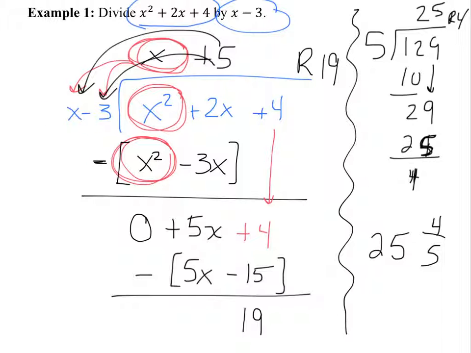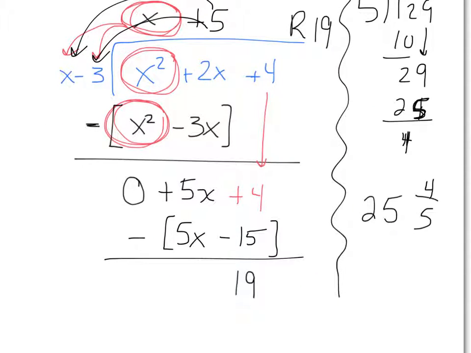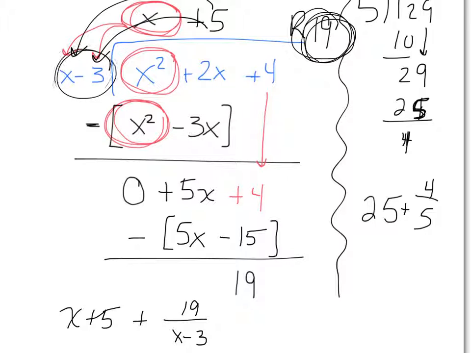So what does it physically look like? X plus 5 and 19 over x minus 3. And believe it or not, we're going to put a plus, because there's really a plus sign there. We just don't show it, right? 25 and 4/5, there's really a plus sign there, just not shown. So x plus 5 plus 19 over, in this case, x minus 3. Again, the remainder over the divisor is always the fractional portion.